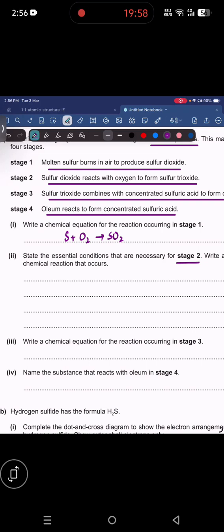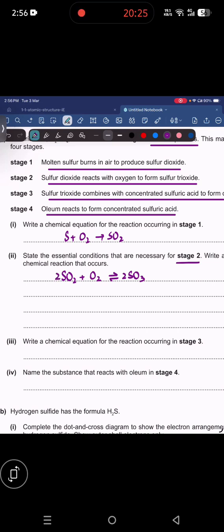The equation is sulfur dioxide plus oxygen, a reversible reaction, forms sulfur trioxide, 2 and 2.